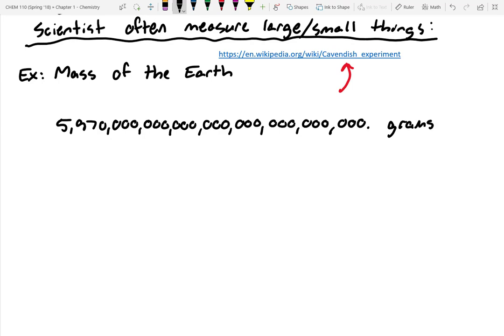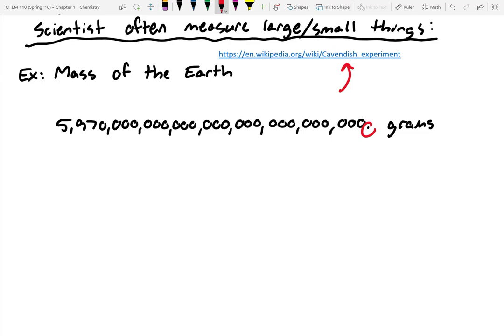It's tough to put on a scale, right? So if you look at the number of zeros here, we've got a huge number of zeros. Most chemists don't like writing that many zeros simply because it's uncomfortable, it takes too much time, takes too much room.